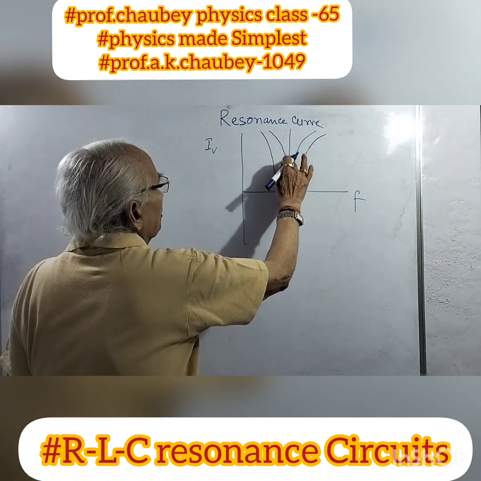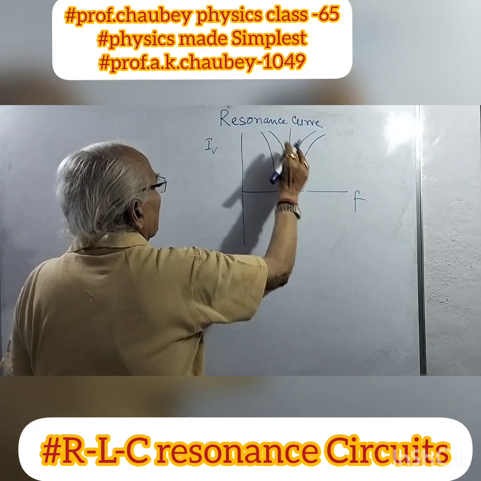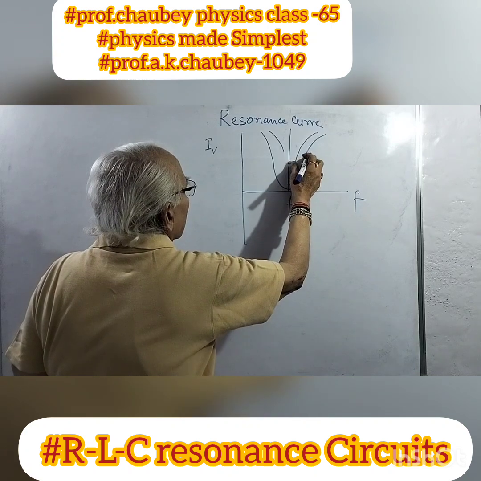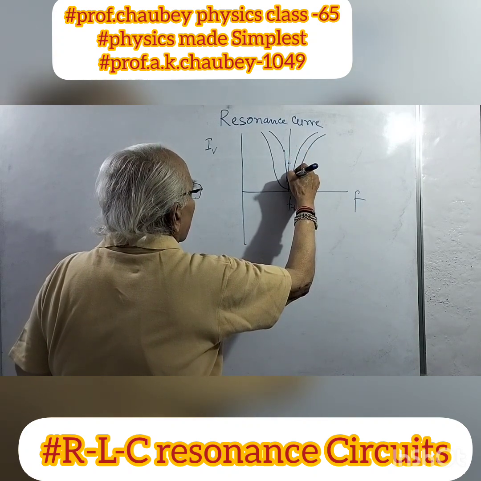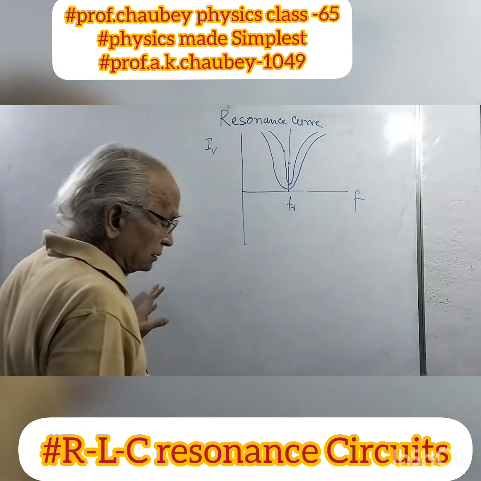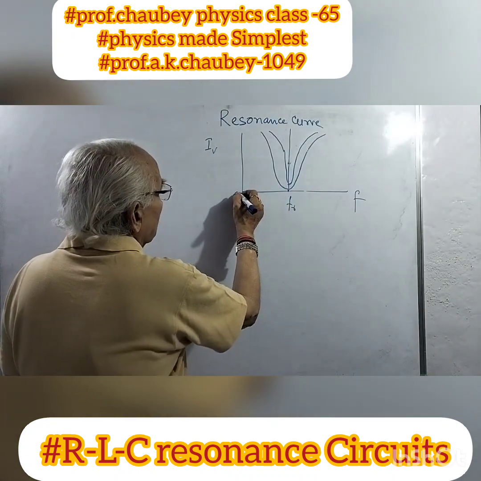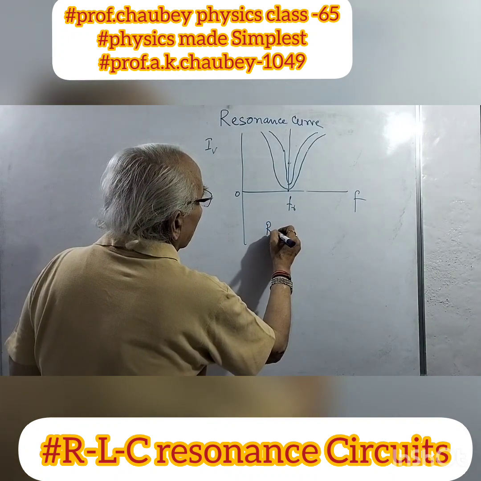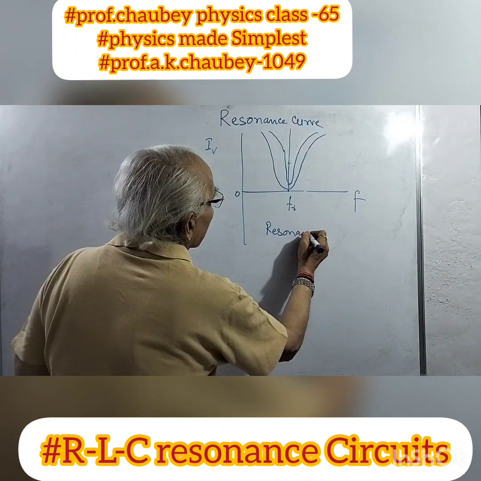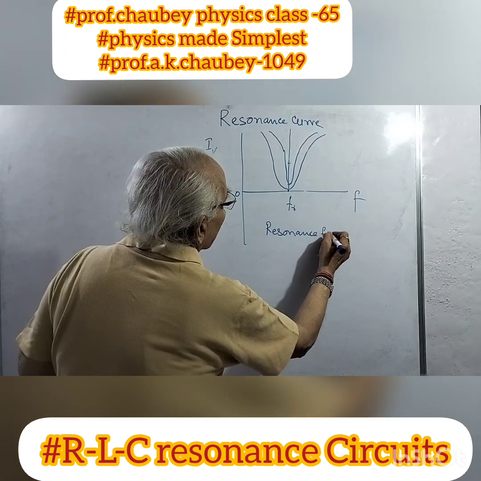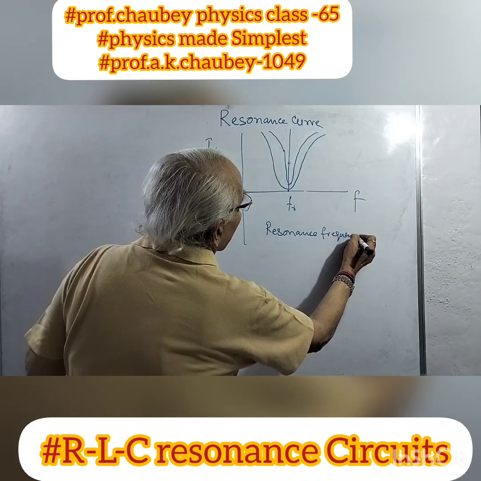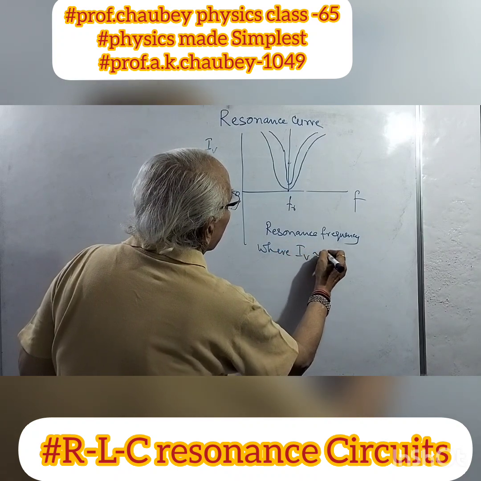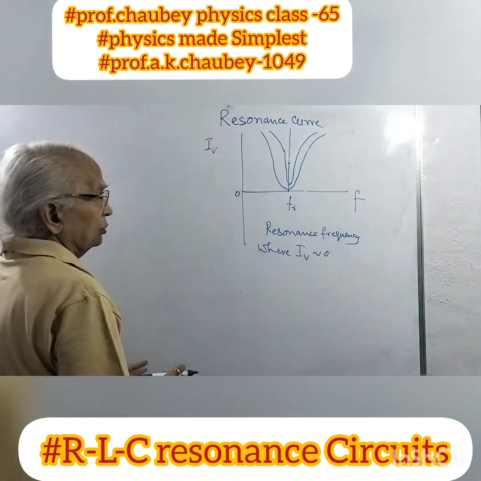This also we can have, current approaching nearly very small. So such circuits are known as circuits where the current is nearly zero at the resonance frequency FR, where IV is nearly zero.